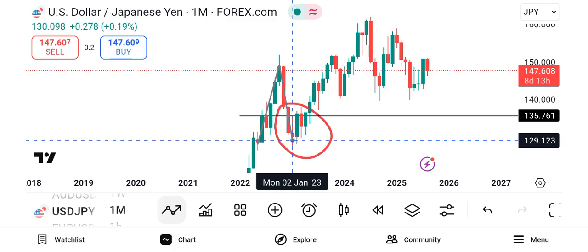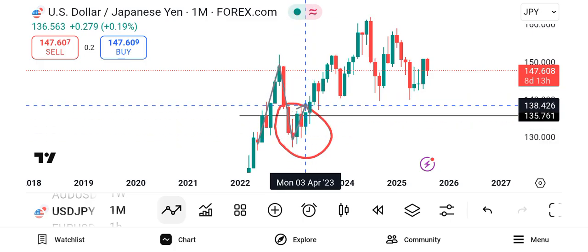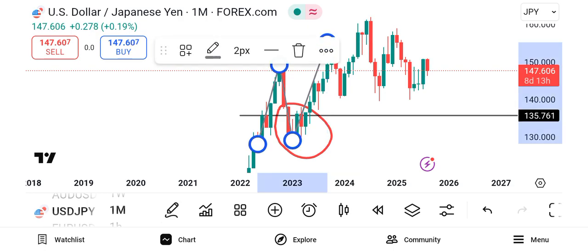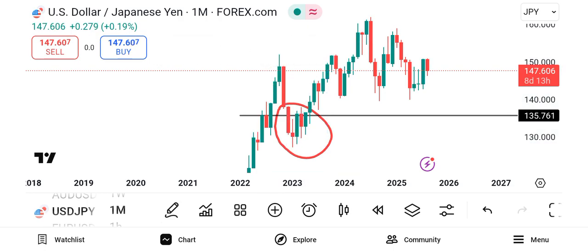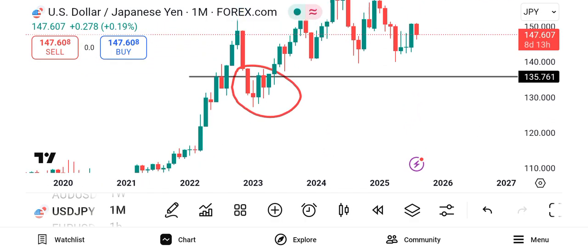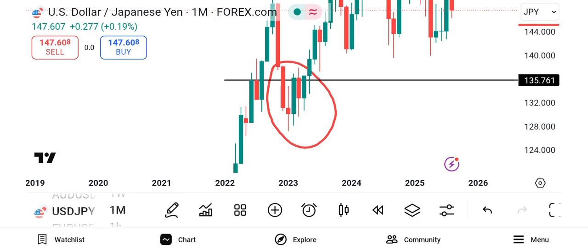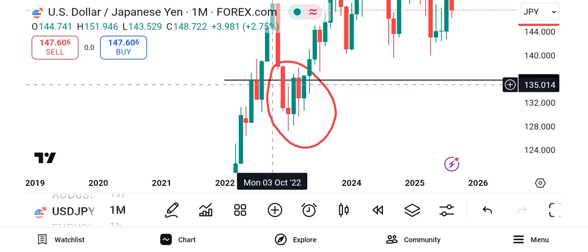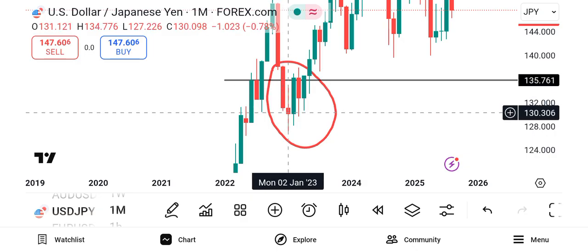Then it dipped down. Then it gave us a candlestick pattern here. Then it shot up again. But let me quickly show you guys the candlestick pattern I was referring to. If you understand chart patterns well, this particular candle is an engulfing candlestick. Look at this one, this bullish one, and we have an indecision here, which is a doji.